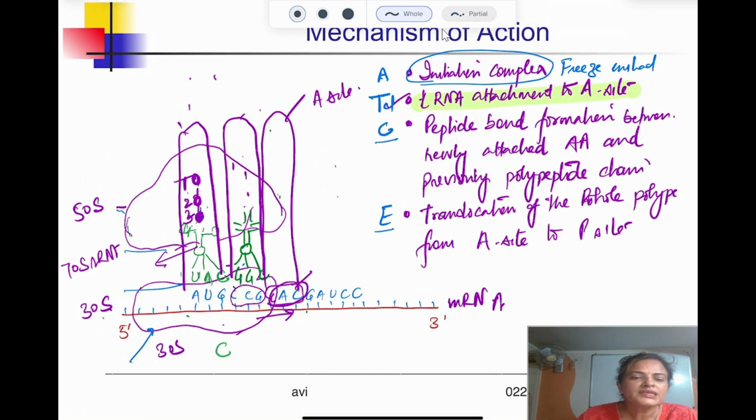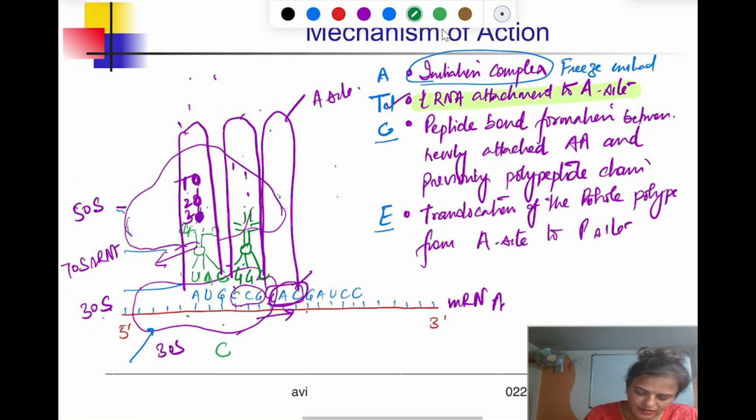Suppose here the codon is CCG. Now what happens? This transfer RNA is going to read, misreading means instead of CCG, suppose instead of reading it as CCG, it is going to read it as GGC or GCG.